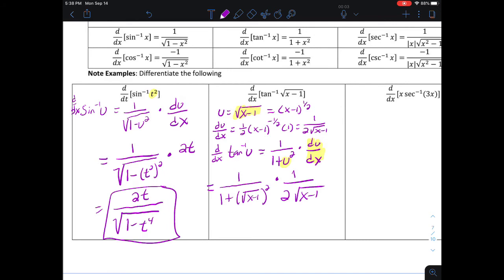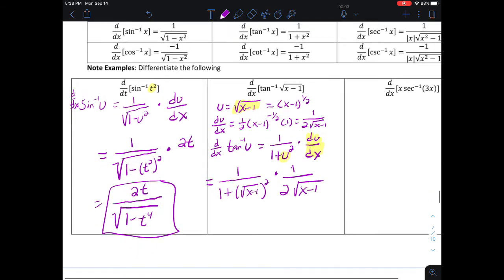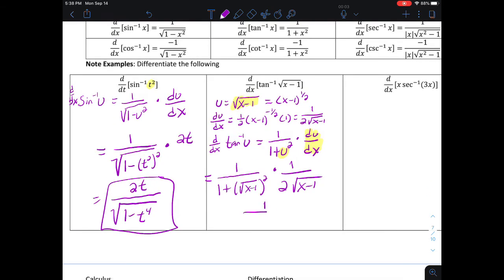And with some minor simplification, that would make 1 over, we'd have x, so it'd be 1 over 2x square root of x minus 1.